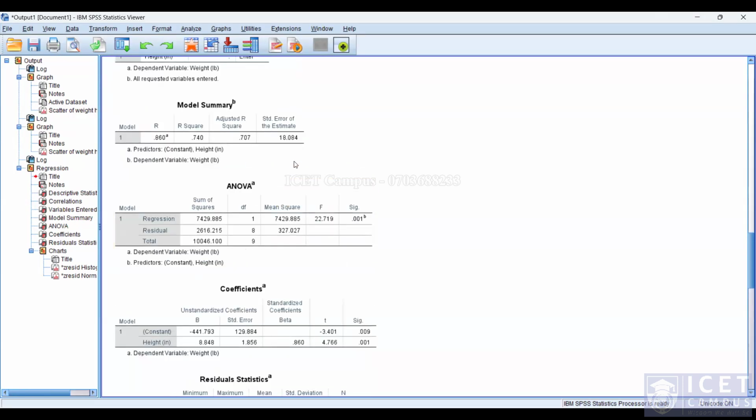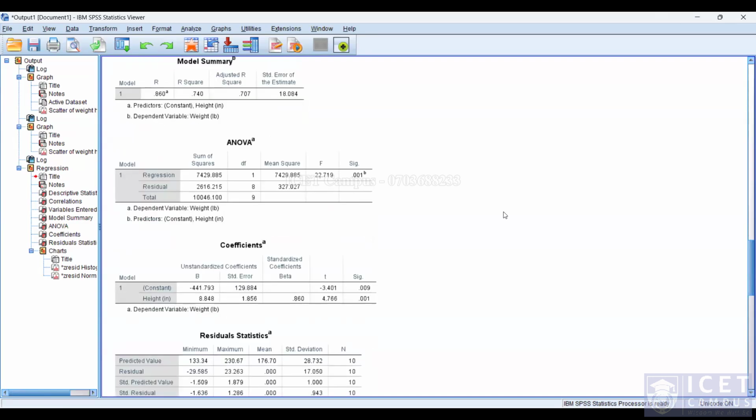And here, when it comes to the model summary, you see that this R square value is 0.740. It means 74% of the dependent variable is explained by the independent variable. So this is the relationship between the independent variable and the dependent variable.